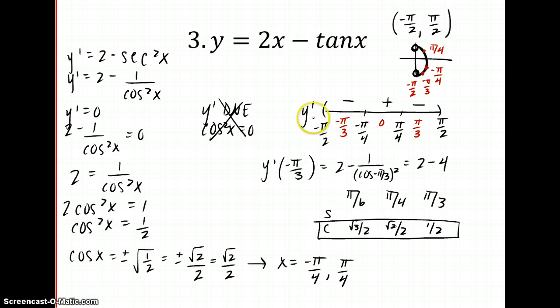So what does this tell us about the function? y is increasing from negative pi over 4 to pi over 4, and y is decreasing elsewhere. Don't forget the domain restriction.